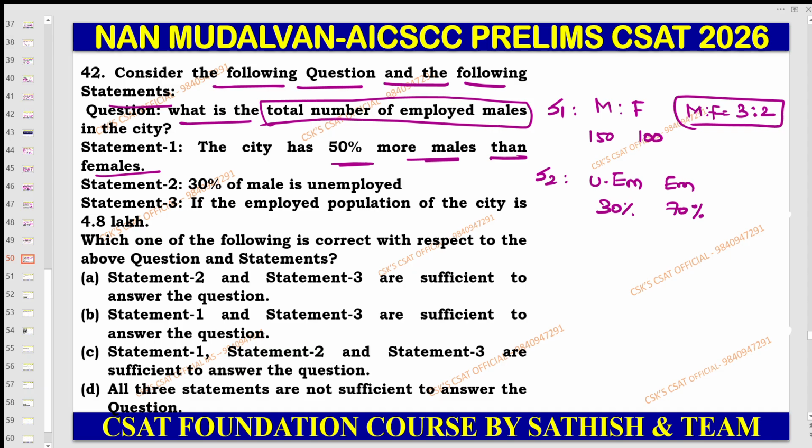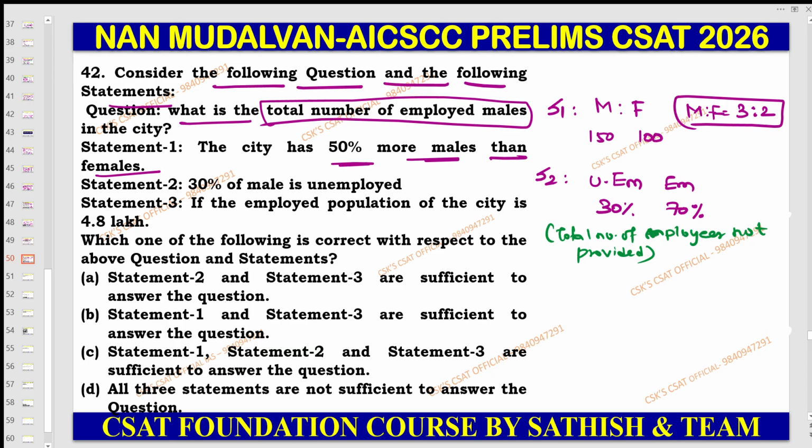Now with this also you can't find out the total number of employed males, since you don't know the total number of employees. The total number of employees is not provided. So with statement number 2 alone it is also not possible.